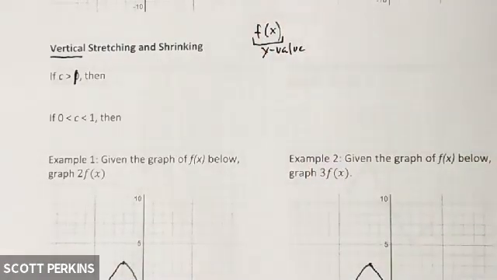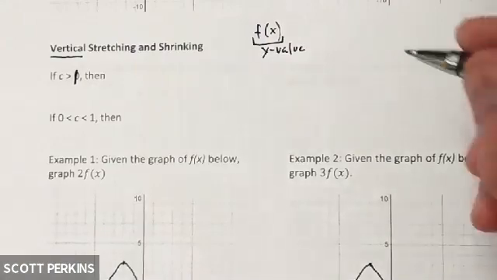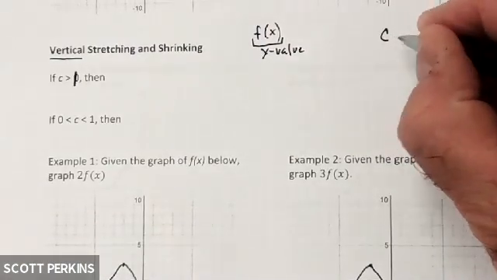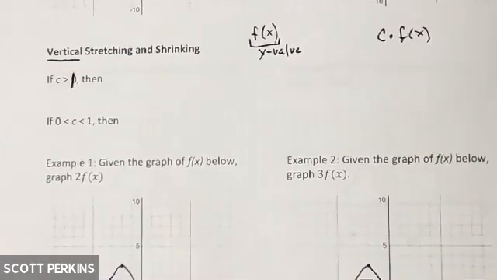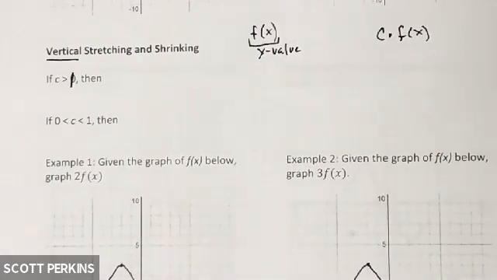Again, the same pattern as last time because math is all about patterns. So what do you think is going to happen if I have this kind of notation? If I take a constant times my f of x, or a constant times my y value, what do you think is going to happen to the graph? Maybe that's a bad question because it probably depends on what the y values are.